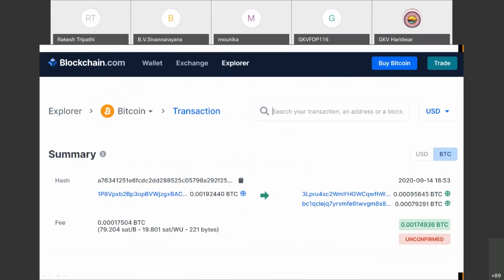So in the Blockchain Explorer, the transaction looks this way. This is the transaction, this is the hash of the transaction, and the input to the transaction has a previous reference to a transaction. The previous reference is this transaction hash, and I am sending money to these two Bitcoin addresses. It is still unconfirmed because it is not written onto the blockchain.